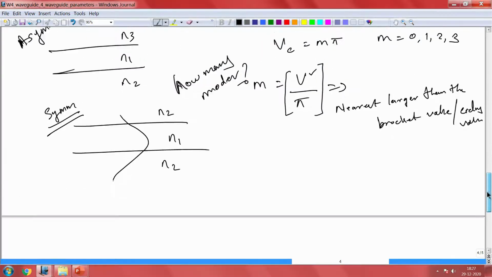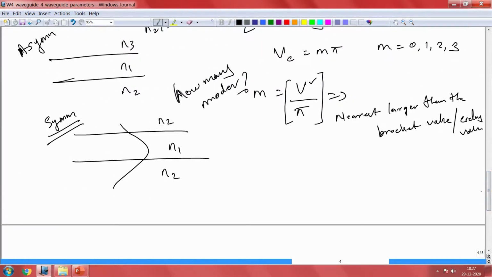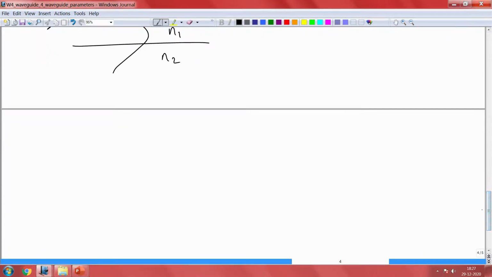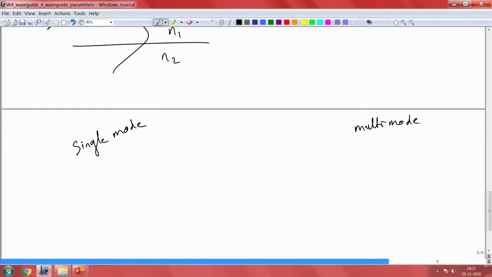That is fine, but what is the condition to have a single mode? We talk about single mode and multimode. This becomes a very important aspect in a guided system. The reason for this is you have only one beta or you have multiple betas.